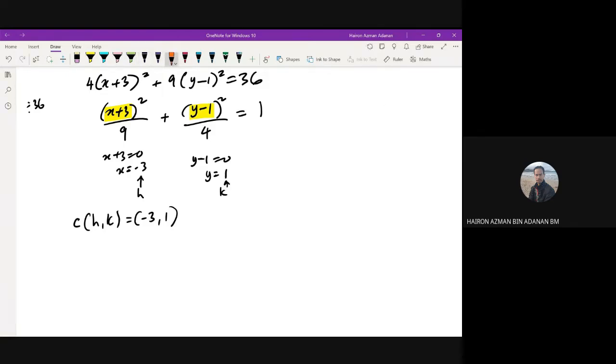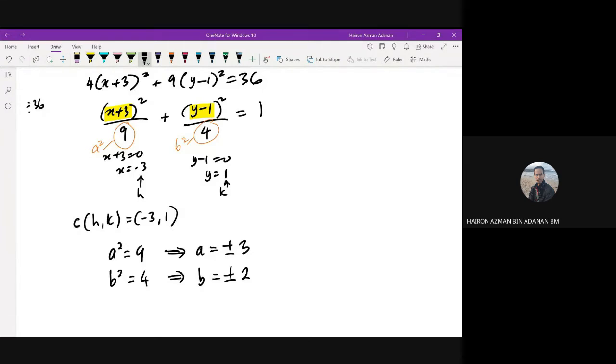For this case, this one is A squared, and this one is B squared. So A squared equals 9 and B squared equals 4. So the value of A is plus minus 3 and B is plus minus 2.